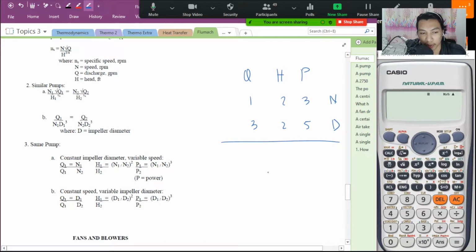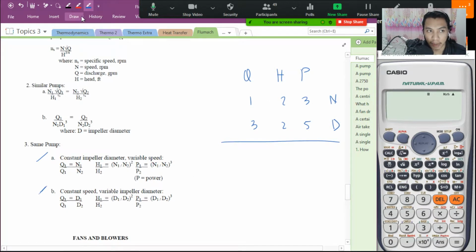So yun, dito nagmula yan. How about they are the same pump? Meron dalawa ditong considerations. Number one, variable ang speed or the speed is always changing but constant ang diameter. Okay? And then, the constant speed and then the impeller diameter is variable. Dito yan, okay?